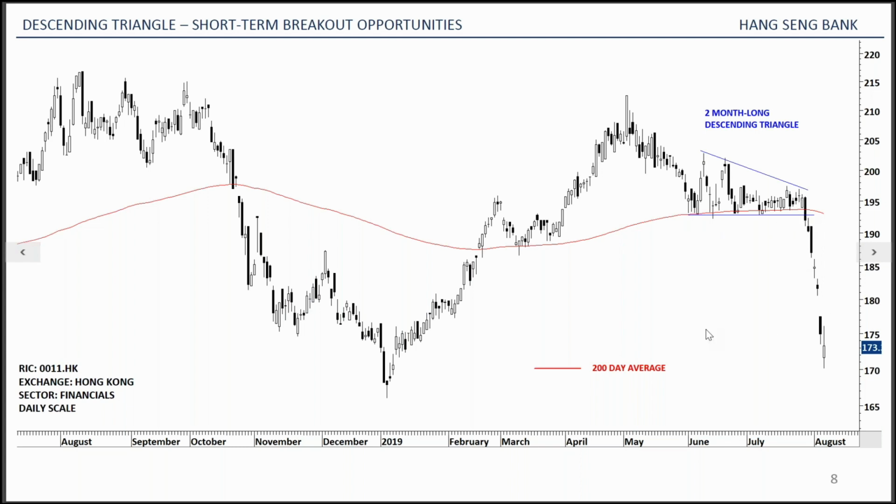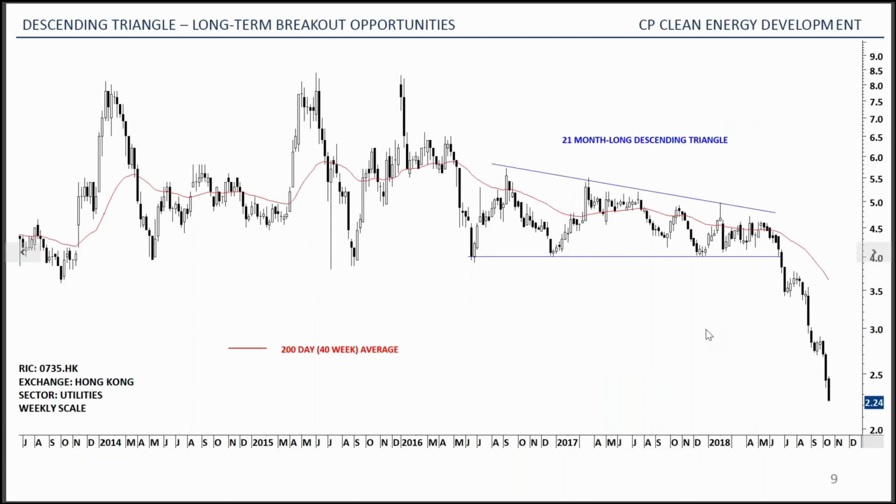And these are 1 to 3 month long, shorter term chart patterns. Now this was a chart pattern that was featured in the Global Equity Markets Report breakout sections. And first it was a watch list, and then the breakdown took place. Now here, this is a weekly scale.